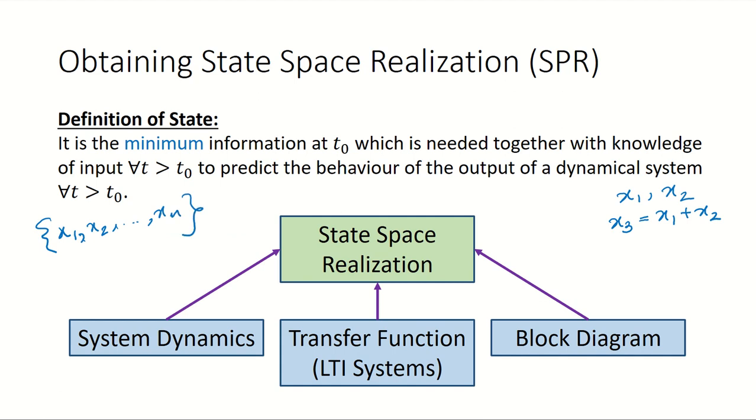Suppose you choose these n variables, you have to be careful that all these n variables are independent of each other. So an x3 like this is not to be included in this set of variables that you have chosen. If x3 is x1 plus x2, you must remove that x3. x3 must be independent of all other xi's. So any xi must be independent of all other xj where j is not equal to i.